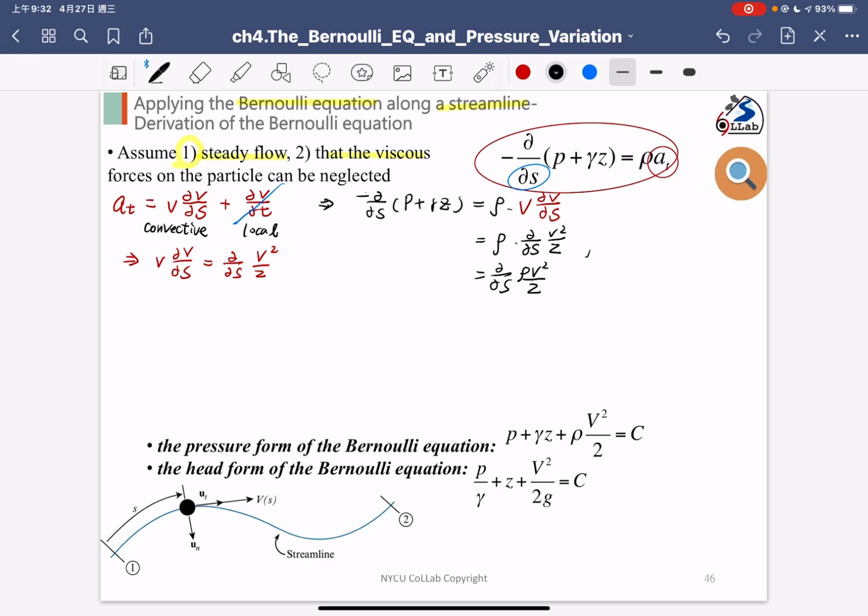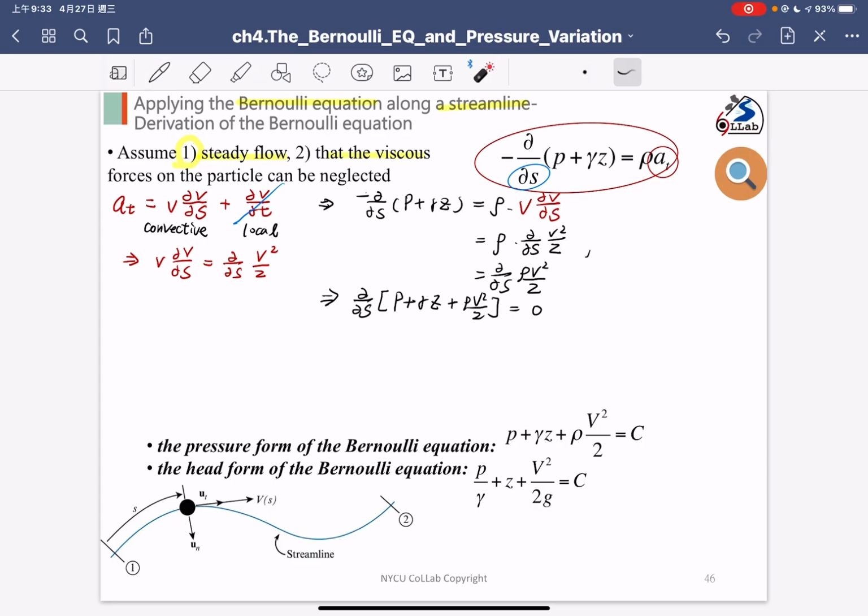Okay, so both sides we have a differential along the straight line, so we can put them together and rewrite the equation. We have d/ds of the quantity inside, P plus gamma Z plus rho V squared divided by 2, and it will equal 0.